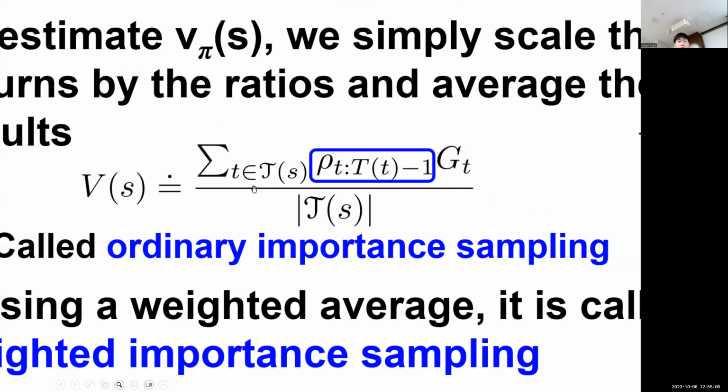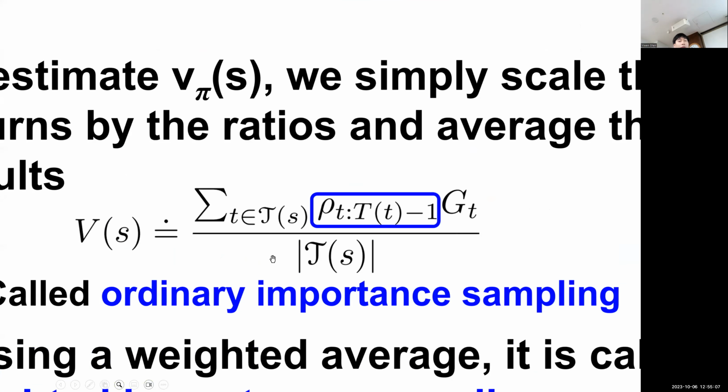We call this ordinary importance sampling. The difference is that previously we just averaged it, making a mean of the return. You see here, we divide by the number of times the state is visited, the size of the set of time steps, then we get the average. But now we multiply by the rho t. We will look at the comparison between this importance sampling and the previous one, the first visit.